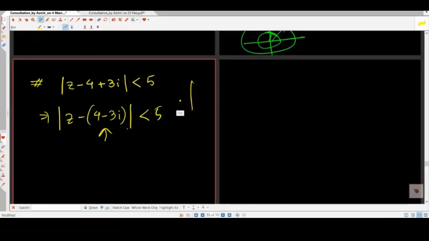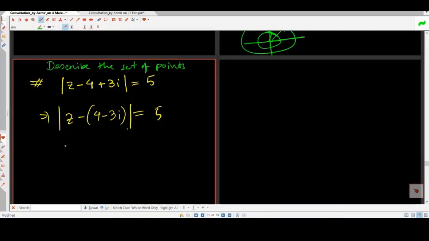For simplicity, let us work with the equal sign for now. Now we need to describe what it means. So the question is: describe the set of points from the following expression, modulus of z minus 4 plus 3i equals 5.